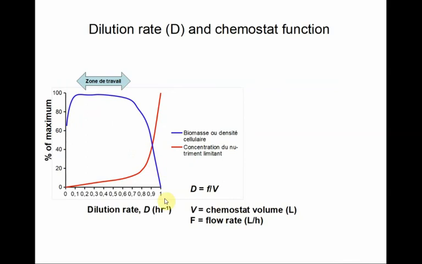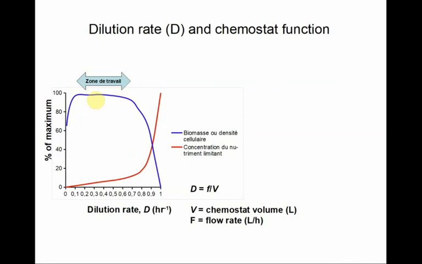So the whole point is, okay, you've got to optimize the dilution rate, and you want to work in this kind of range here. Now, in theory, you could perform some small-scale experiments, find out what the optimal dilution rate is, and then set the whole thing up. Okay, I'm going to turn my dial to 0.4, leave it, I'll come back in 4 days' time, everything will be fine.